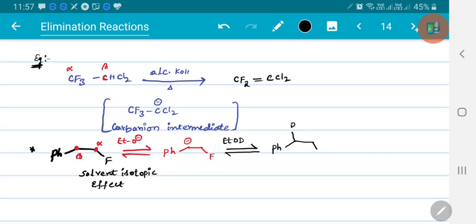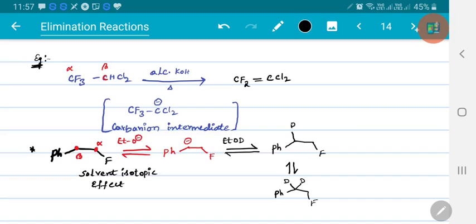This is the product obtained, right? Now again this base abstracts the second hydrogen. When it abstracts the second hydrogen, it leads to formation of phenyl. Both hydrogens are replaced by deuterium, right?